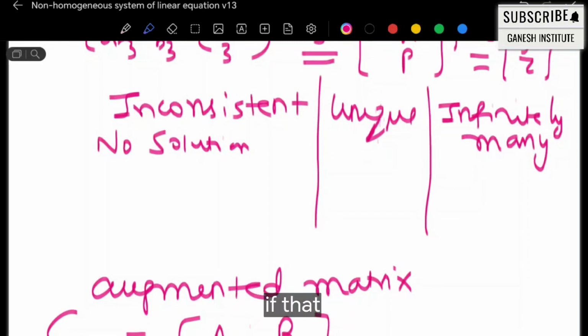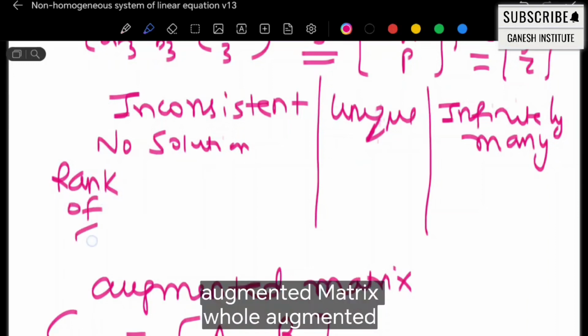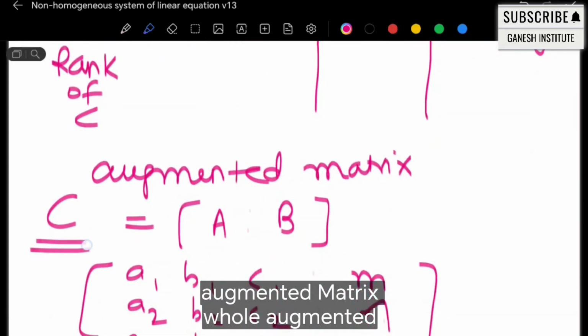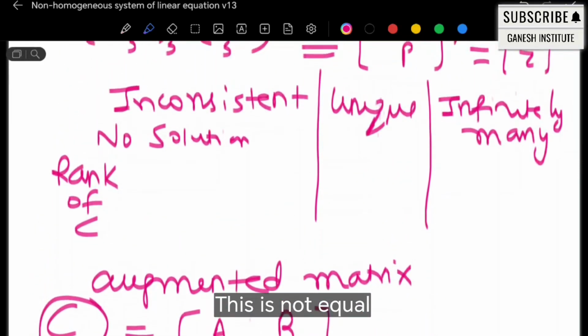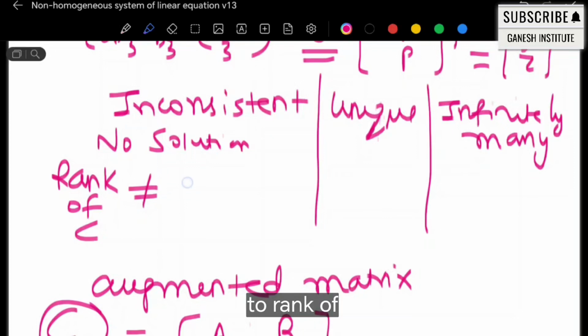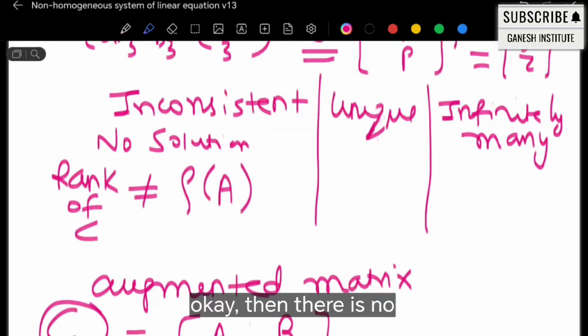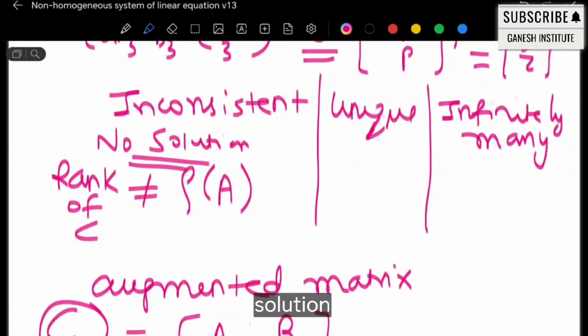Now if the rank of the whole augmented matrix is not equal to the rank of A, then there is no solution.